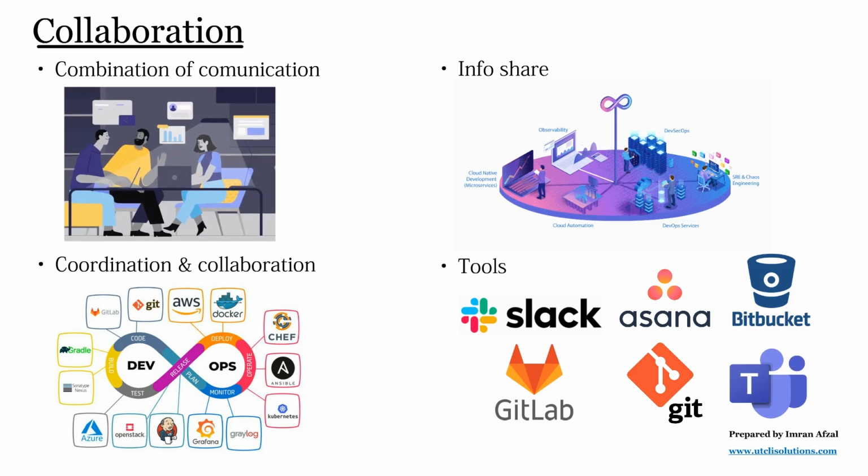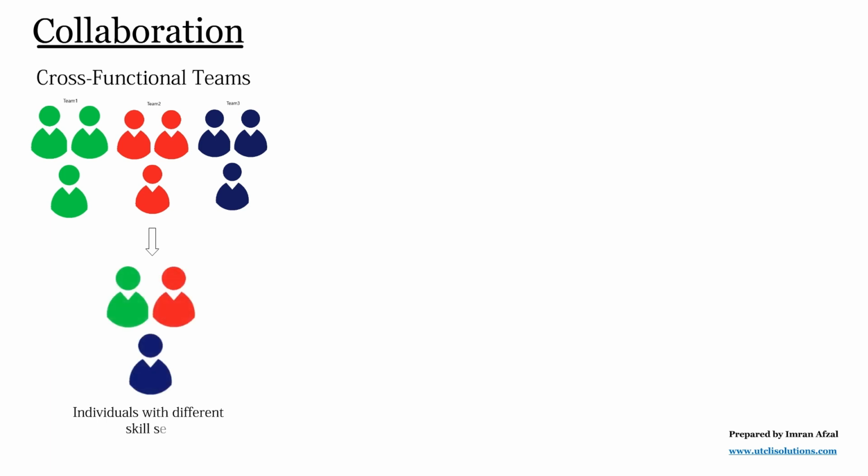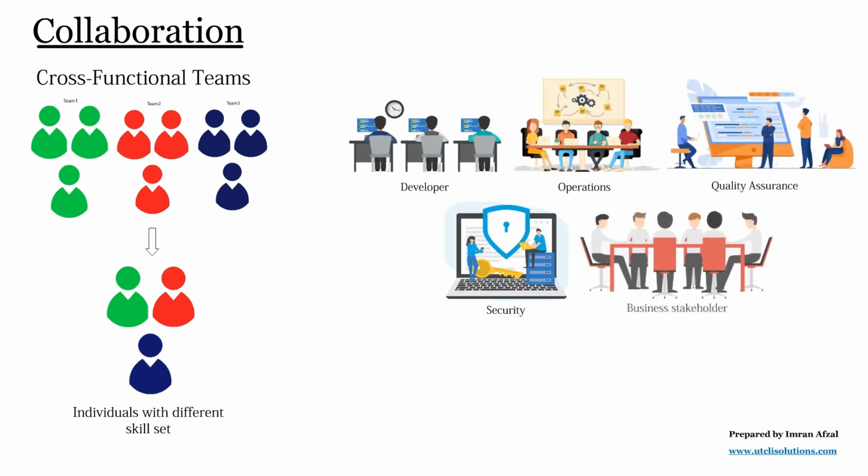Let's see how collaboration in DevOps works. Cross-functional team is the first one in line. DevOps encourages the formation of cross-functional teams that include members from various disciplines such as developers, operations, quality assurance, security, and business stakeholders.